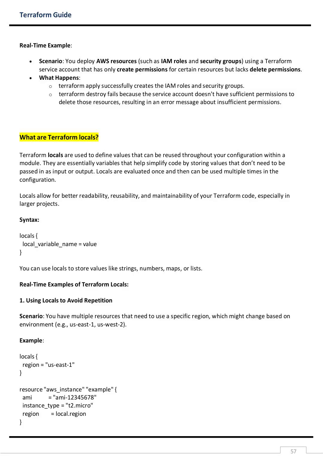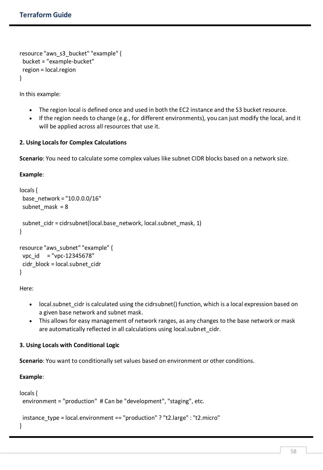Real-time examples of Terraform locals. 1. Using locals to avoid repetition. Scenario: you have multiple resources that need to use a specific region, which might change based on environment, for example, us-east-1, us-west-2. Example: locals, resource aws_instance, resource aws_s3_bucket.